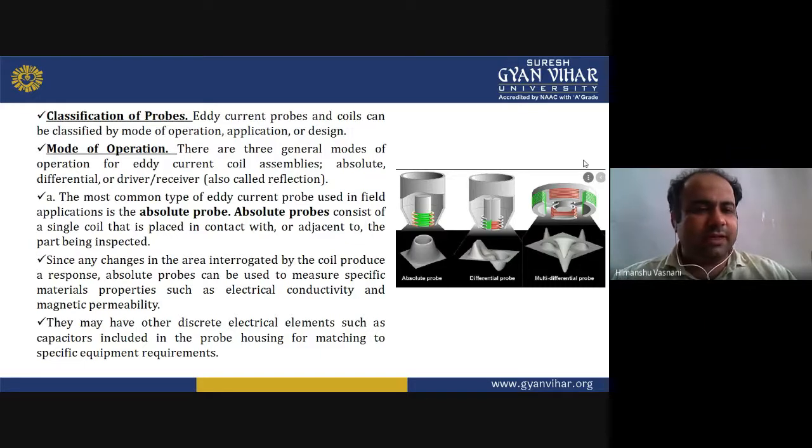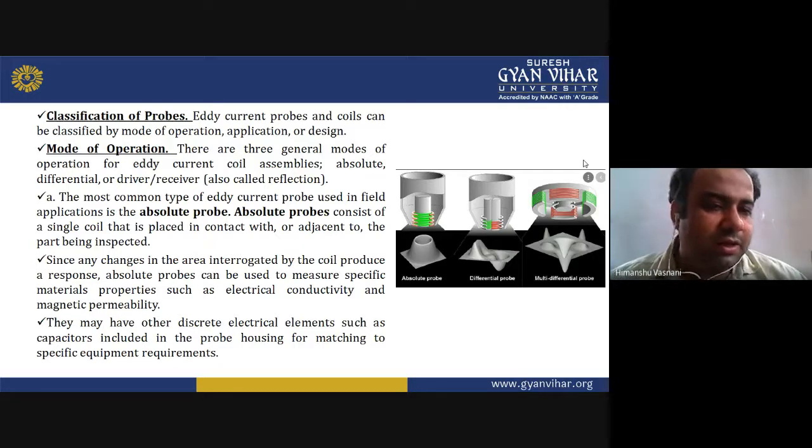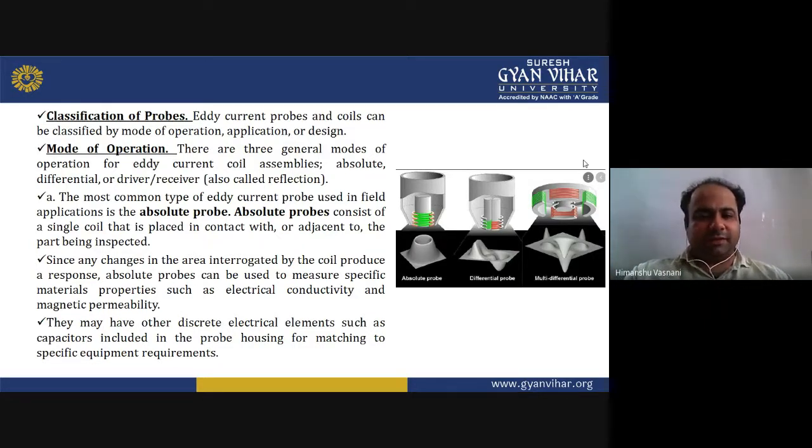Since any changes in the area interrogated by the coil produce a response, absolute probes can be used to measure specific material properties such as electrical conductivity and magnetic moment.